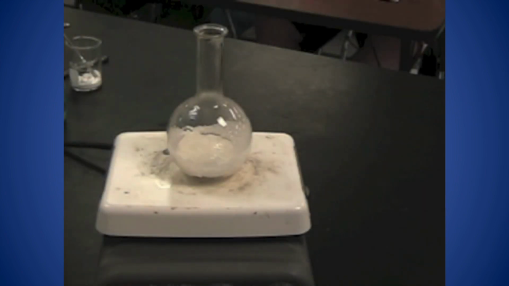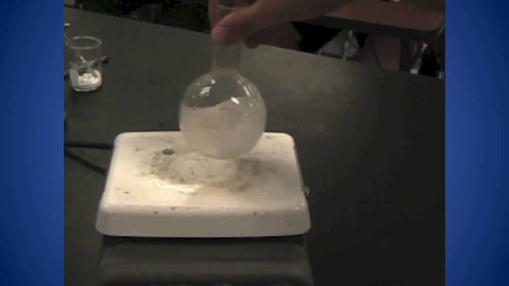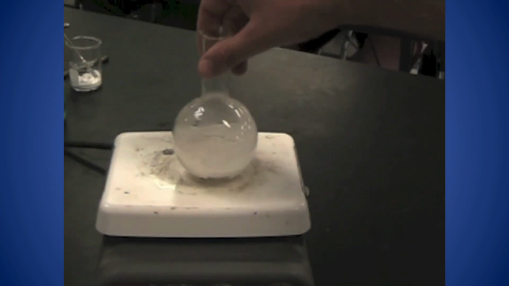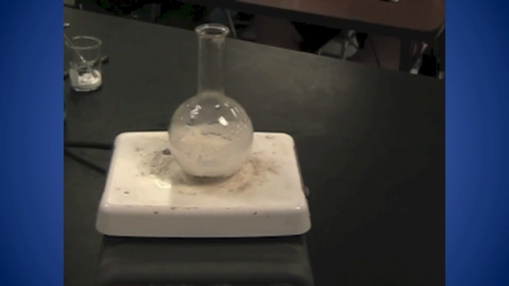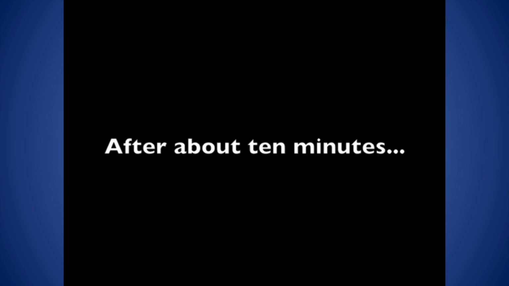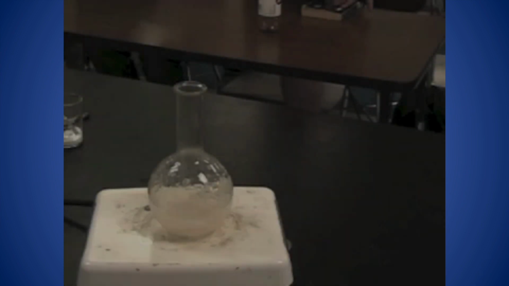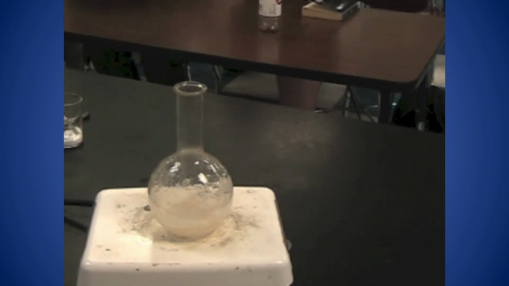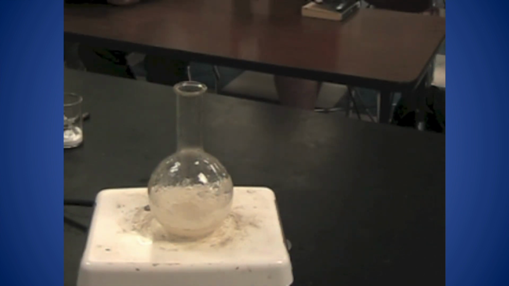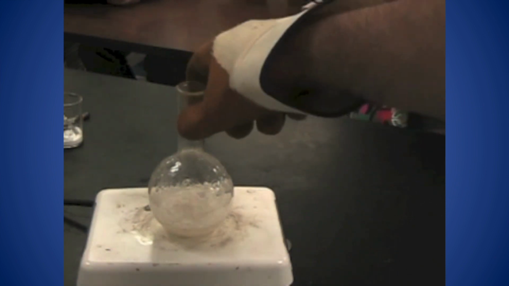So after about 5 minutes of heating, we can see that we've got a good amount of the sodium acetate dissolved, but not all of it. Then after about 10 minutes of heating, we've got a little bit more of our sodium acetate dissolved.